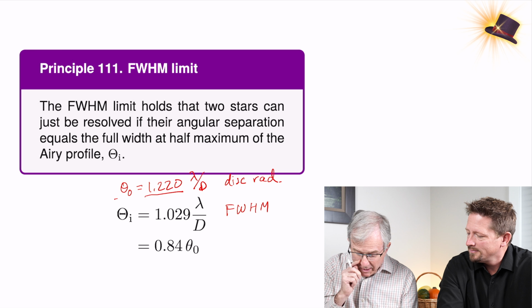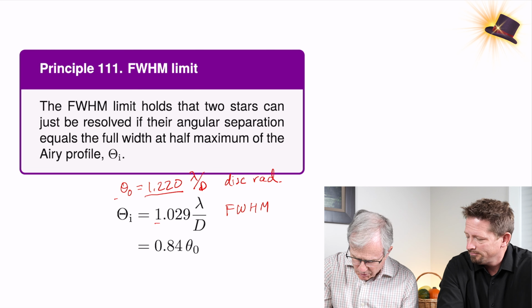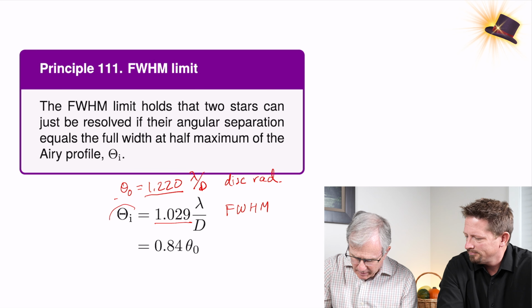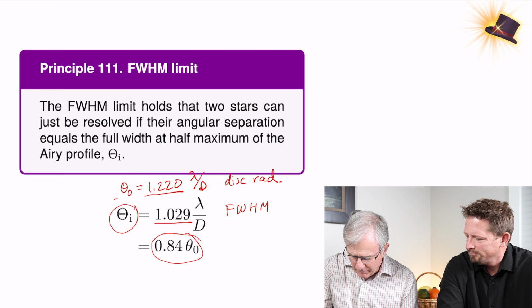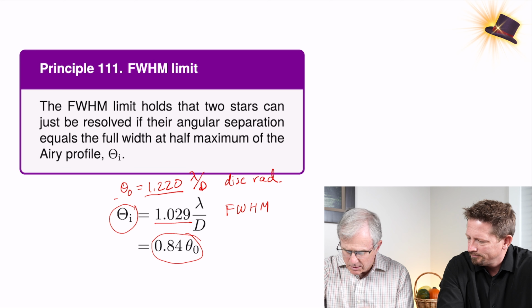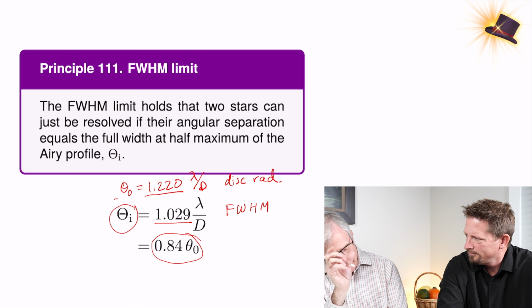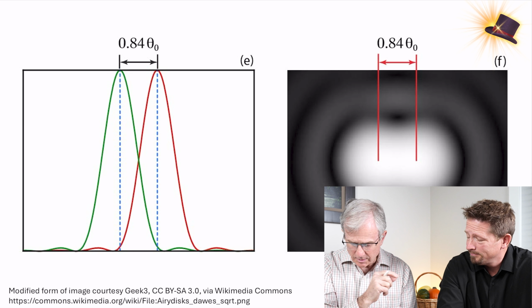Well, the Airy disk radius is slightly bigger than the full width at half max, because this is 1.22 and this is 1.029. In fact, if you divide the one by the other, you'll find that the full width at half max is about 84% of the disk radius. So if you separate two stars by the full width at half max, they're going to be separated by less, a shorter distance.